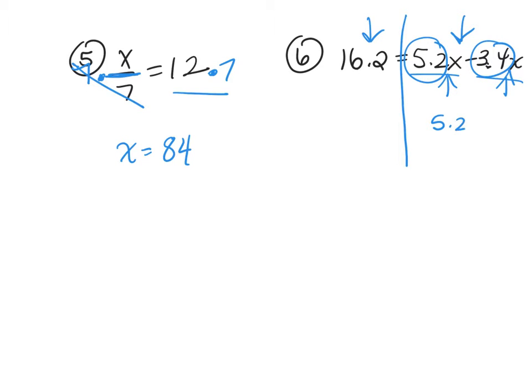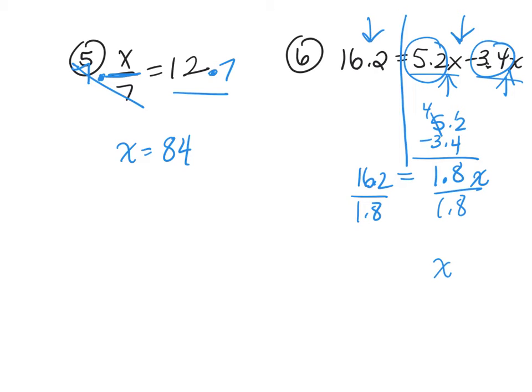You can use a calculator, or you could do it out like this. So 12 minus 4 is 8. 4 minus 3 is 1. So 1.8x is equal to 16.2. Now you divide by 1.8. And we get x is equal to 9.